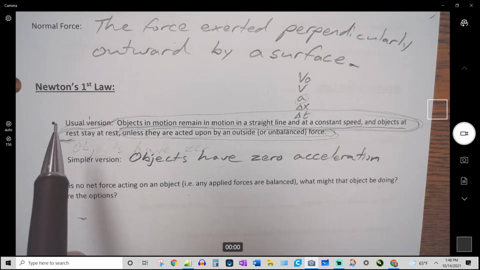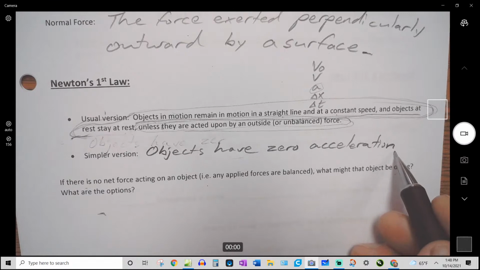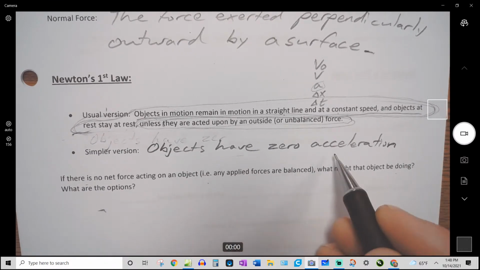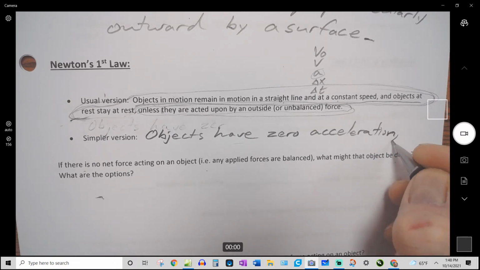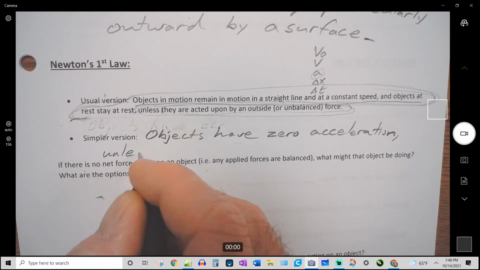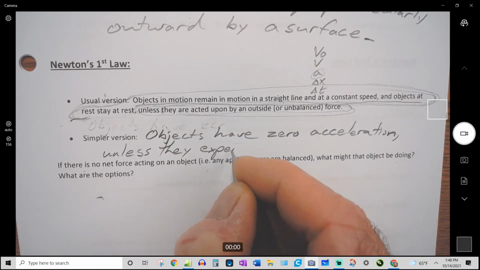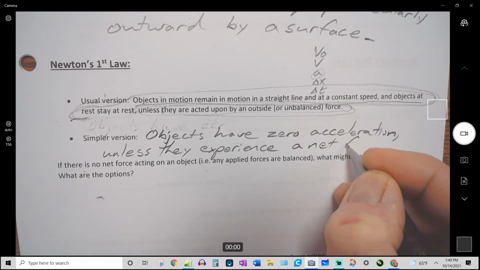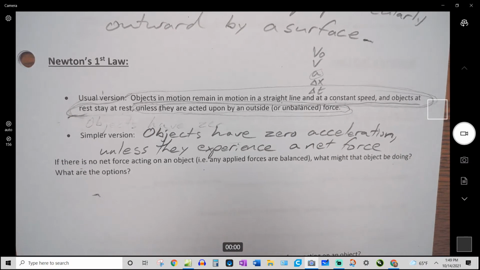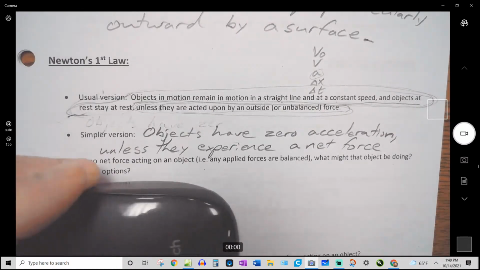So this next part though, that would be more succinct, but I'm going to throw in this new definition or new word that's up here. So I'm not going to really shorten the rest so much. Objects have zero acceleration unless they experience a net force. So my mouse would be demonstrating this right now.